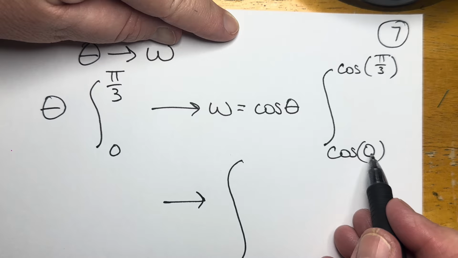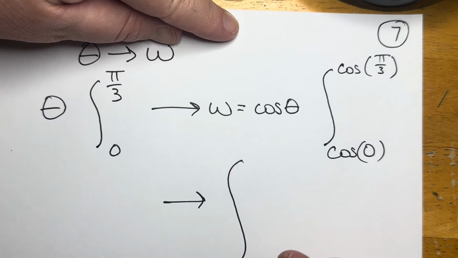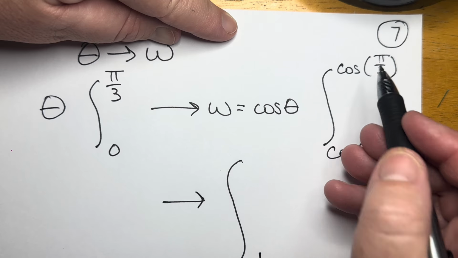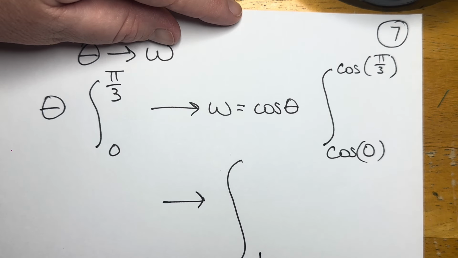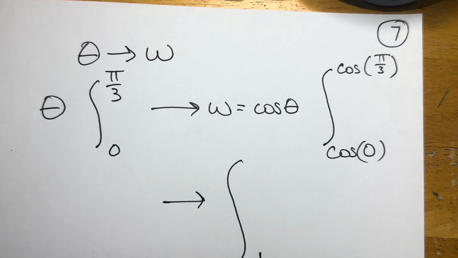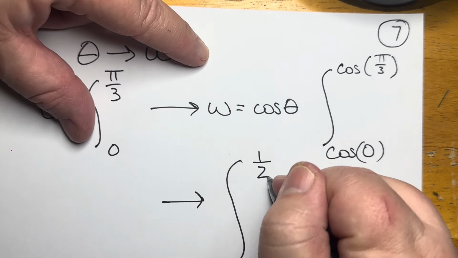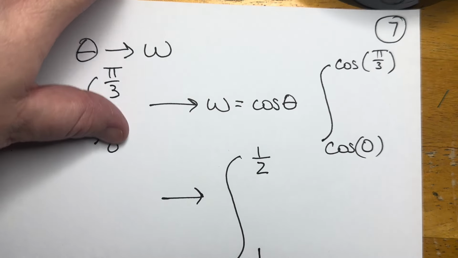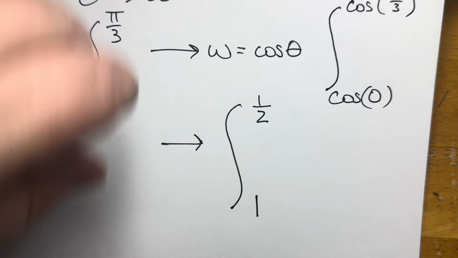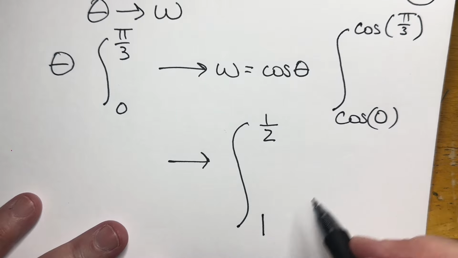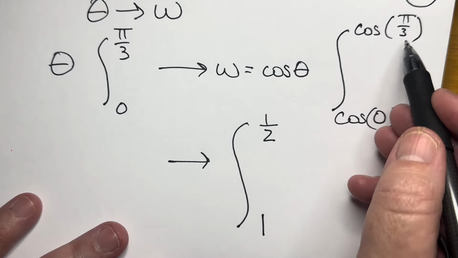What is the cosine at 0? It's the x value. It's 1. And what's the cosine of pi over 3? That's 60 degrees. That's the tall one. I always remember 30 degrees is the short angle and pi over 3, 60 degrees is the tall angle. So cosine is small at that value, and that's 1/2. So cosine of 0 is 1. Cosine of pi over 3 is 1/2.